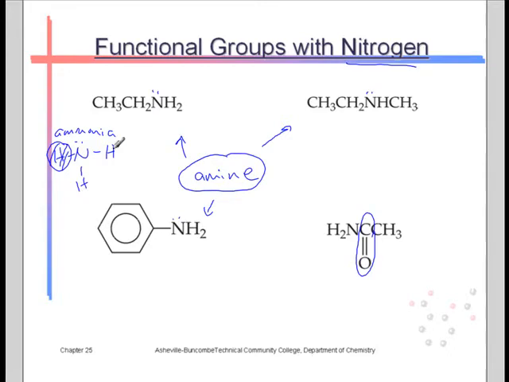And so in each of these cases, I'm getting a more complicated amine as I start changing the number of R groups that are attached to that nitrogen. For example, here we just have one R group. Here we have an ethyl and a methyl R group. And then here, notice that we have an aromatic amine down here.